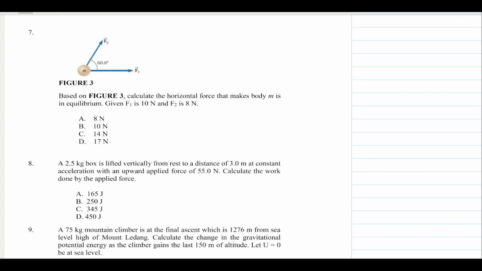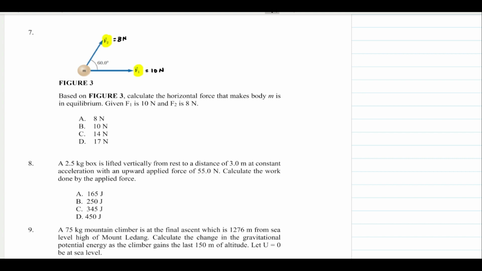Okay, question 7. So, in this diagram, we have two forces, F1 and F2. Okay, and then given F1 is 10 Newton, so we need to label 10 Newton and F2 is 8 Newton.